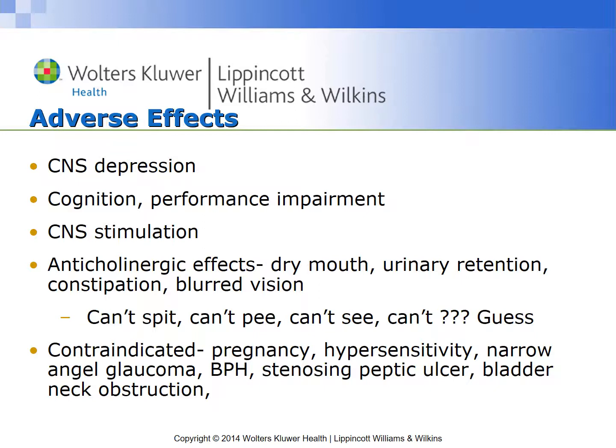So when you think about this, would we want to give this medicine to someone who's already got a problem with urinary retention, such as those with prostate problems? Would we want to give this to someone who is already having constipation issues? No. The other thing is blurred vision, so glaucoma again can be an issue.